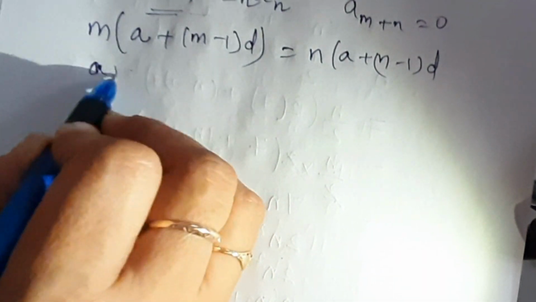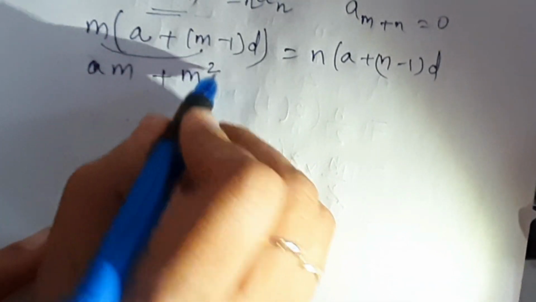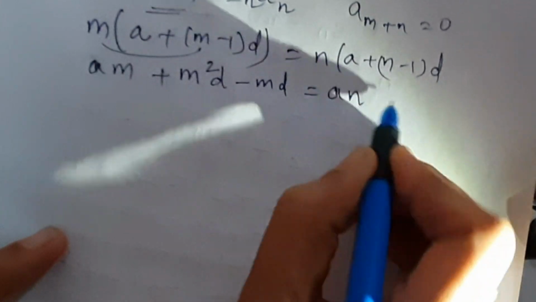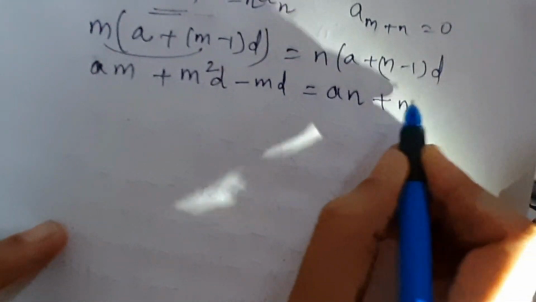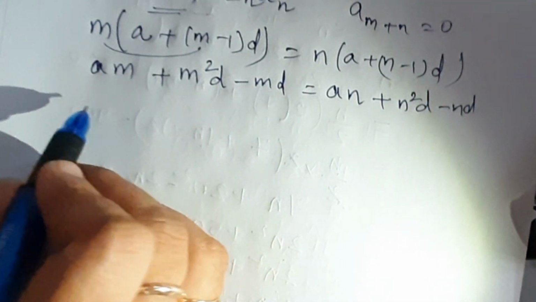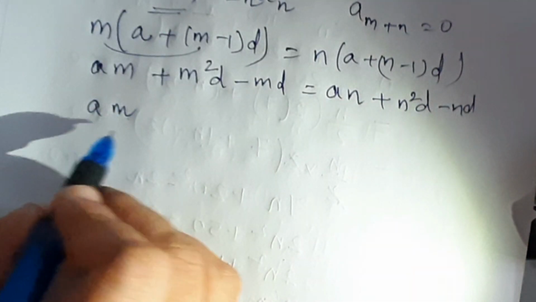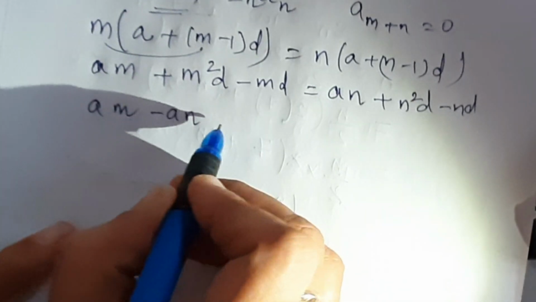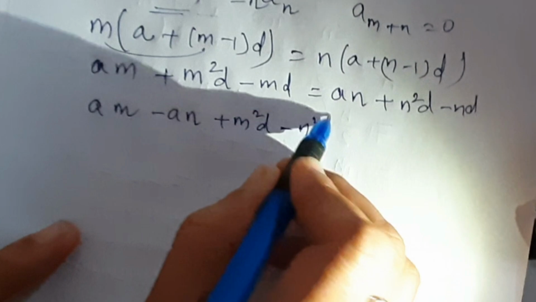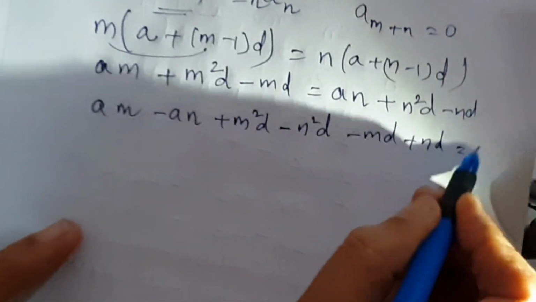So it's am plus, opening the bracket, m square d minus md is equal to an plus n square d minus nd. Now shift everything towards the left side. So am minus an, then plus m square d minus n square d minus md plus nd is equal to 0.